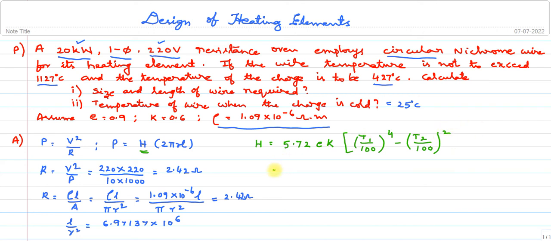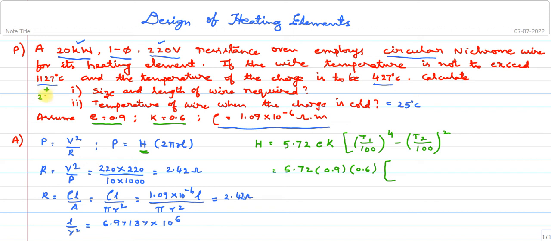Which is equal to 5.72. The e value has been given as 0.9 and the K value is 0.6, and here the T1 value is 1127 degrees centigrade, which should be converted into Kelvin.